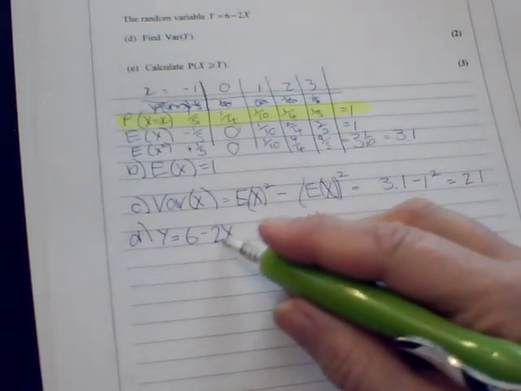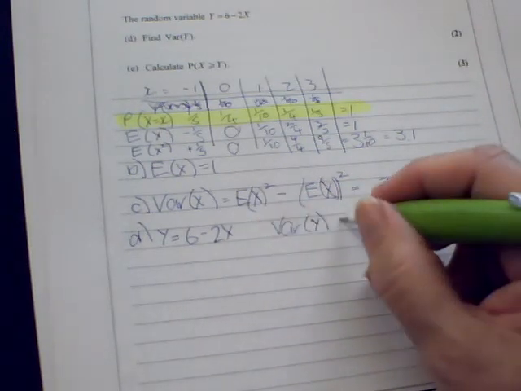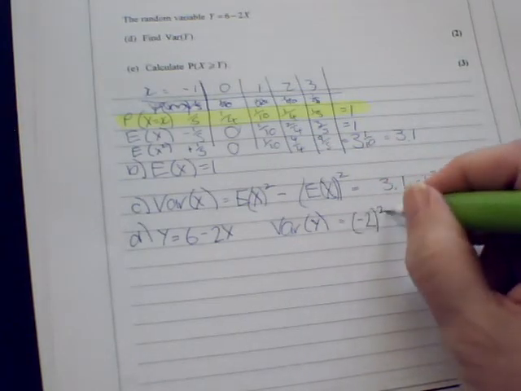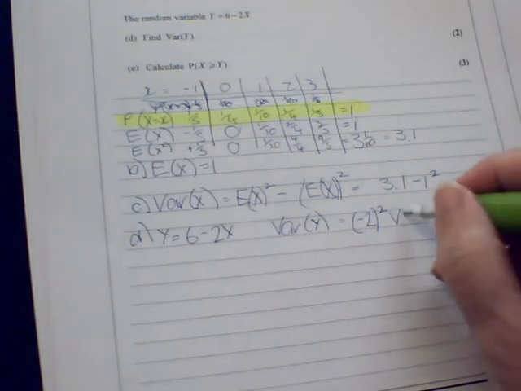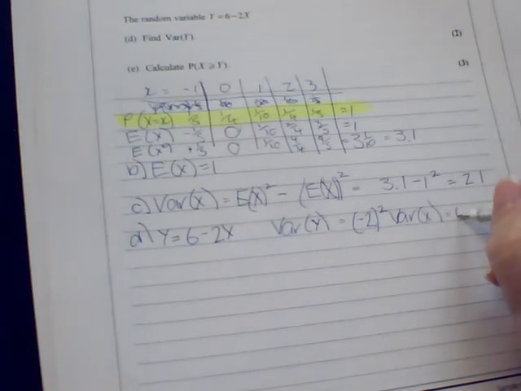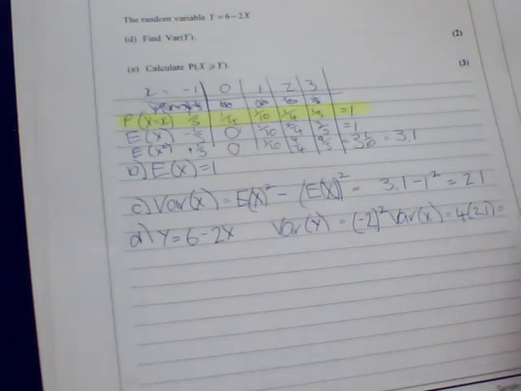But this we need to square. So we've got minus 2 squared times the variance of x. So that's going to be 4, and the variance of x was 2.1. So that gives me an answer of 8.4.